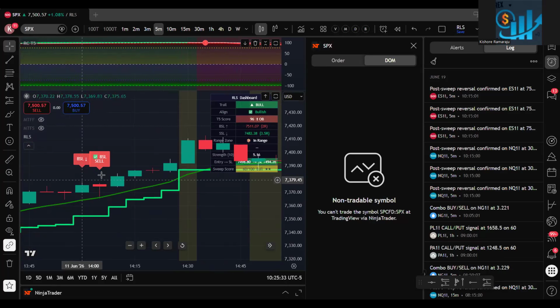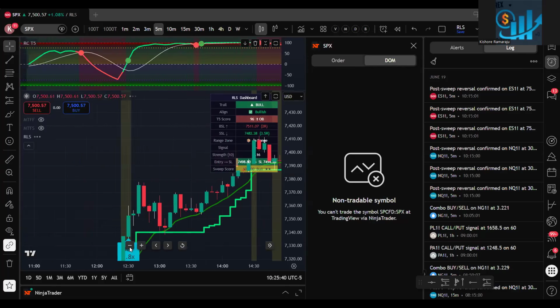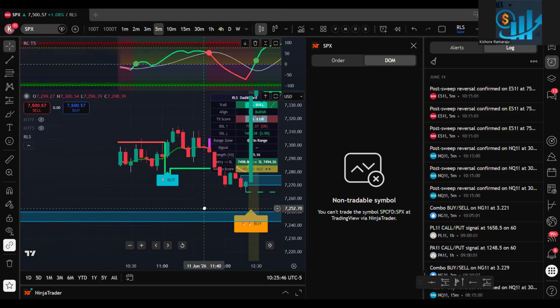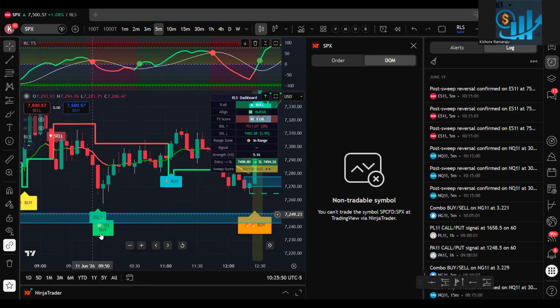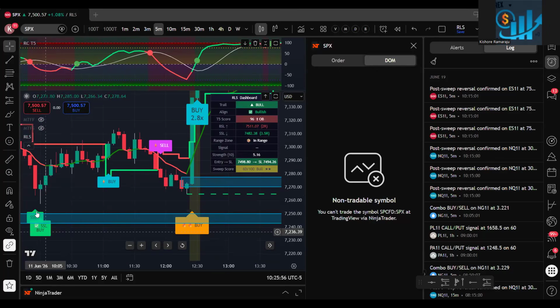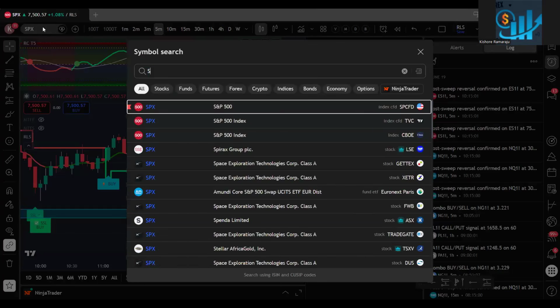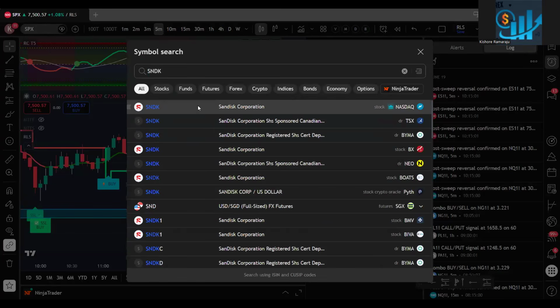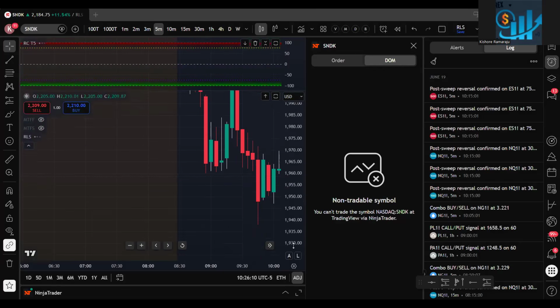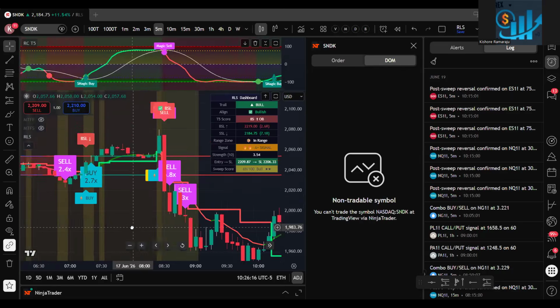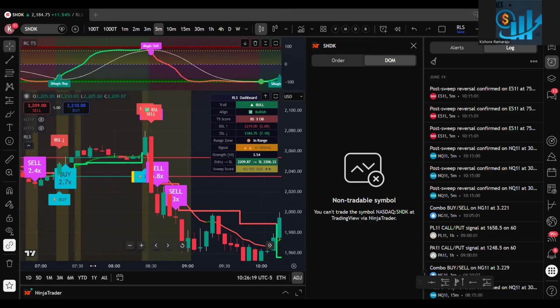But we'll always go above this candle, put a stop loss. Put SSL, put SSL buy. We got a BSL.